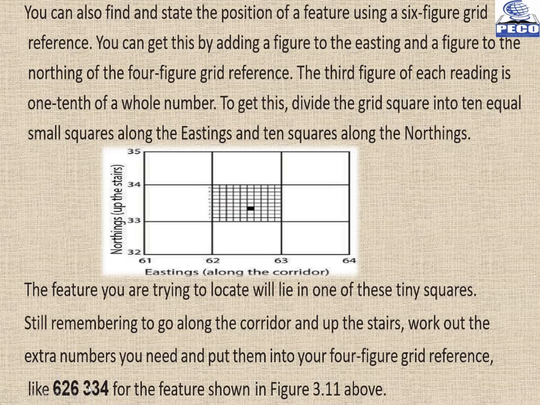So this is what I've been emphasizing or explaining, that from 62 we are moving eastwards, from 33 we are moving northwards. So 62, then we count the squares up to 6. Then 33, we count the squares northwards, and we shall have 4.